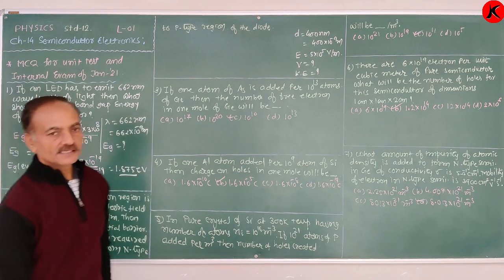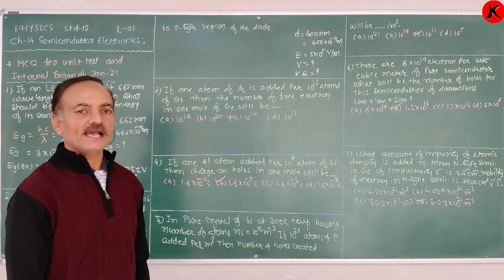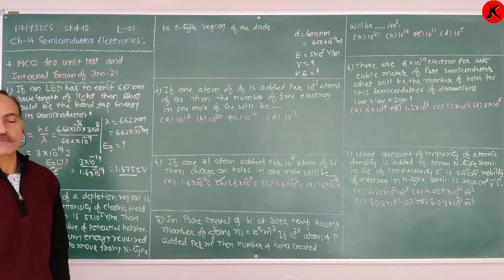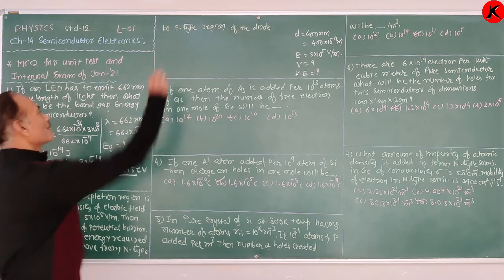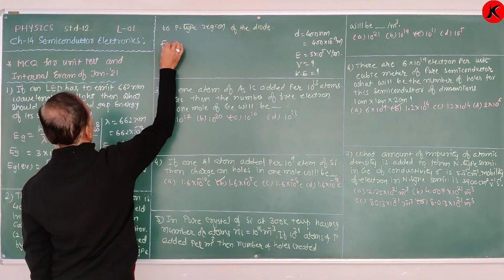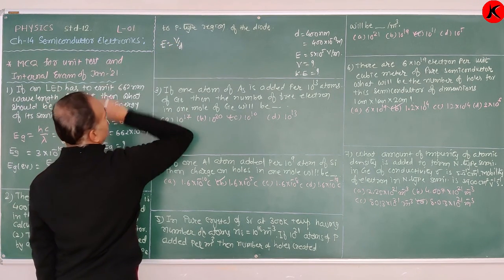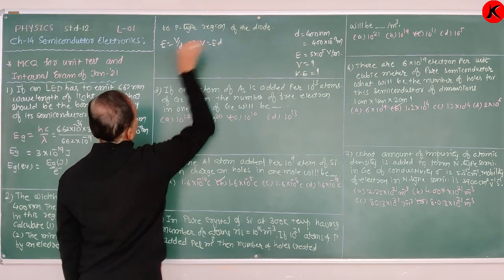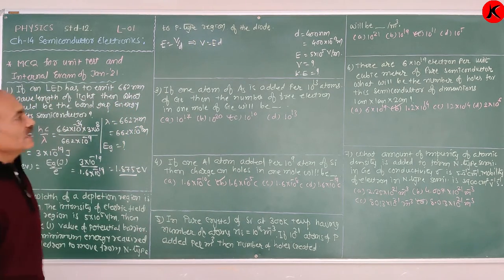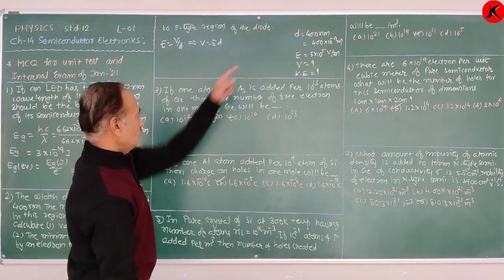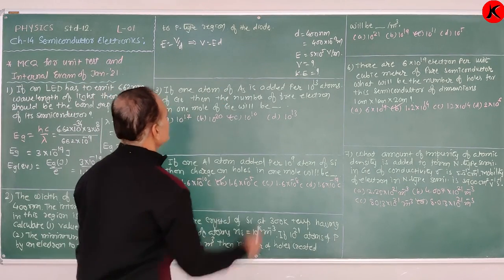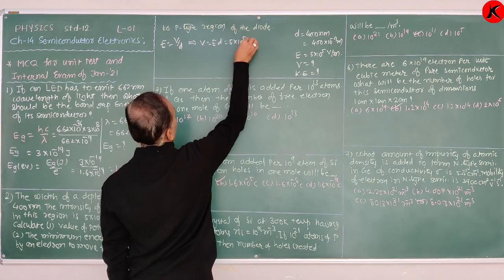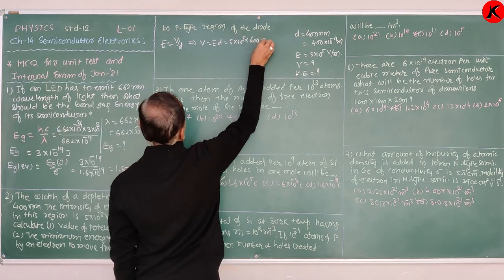So we know that the relation between the electric field and electric potential is E is equal to V by d, or the electric potential V is equal to Ed. Electric field and distance, so the length of the depletion region: E is given 5 into 10 to the power 5, d is given 400 into 10 to the power minus 9.